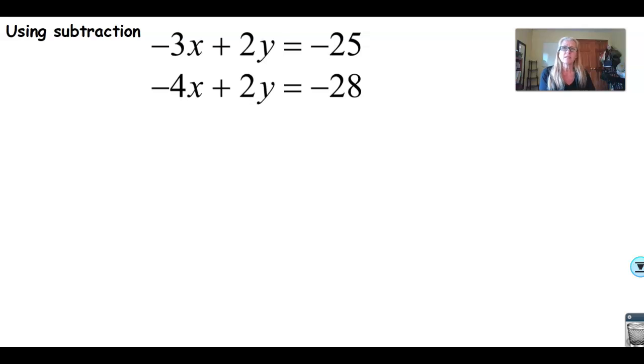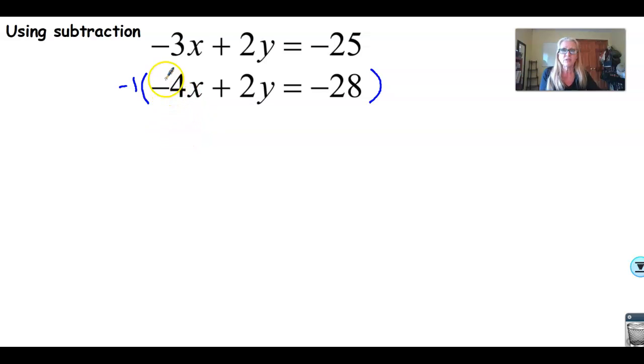Okay, so I know this is a case where I'm going to have to subtract. Notice that we have a positive 2y and another positive 2y. Those are not opposites. They're the exact same thing. So in order for us to make them opposites, what I tell my students to do is pick one of the equations and multiply every term by -1.